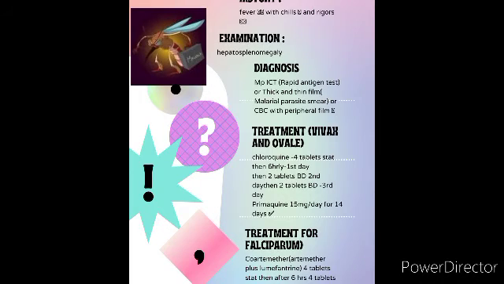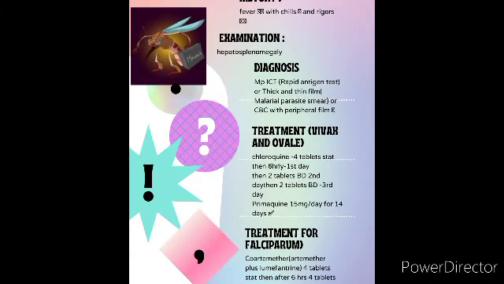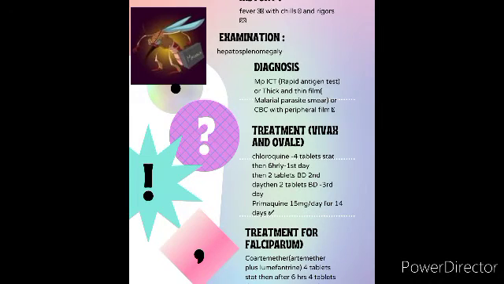So you'll see in Vivax and Ovale a relapse of malaria because of the hypnozoites present in the liver. So in order to eradicate those hypnozoites, you need Primaquine, which you give OD 15 mg for 14 days, and that's it for Vivax and Ovale.